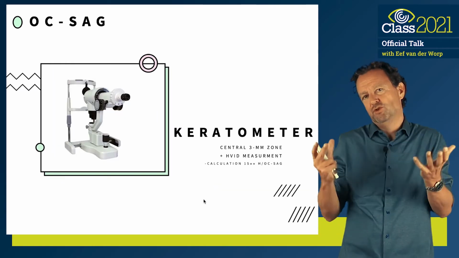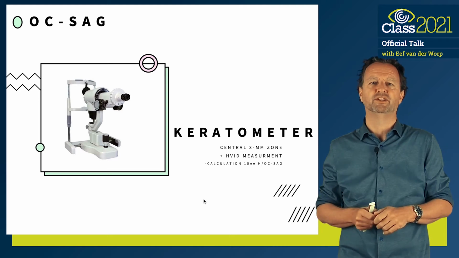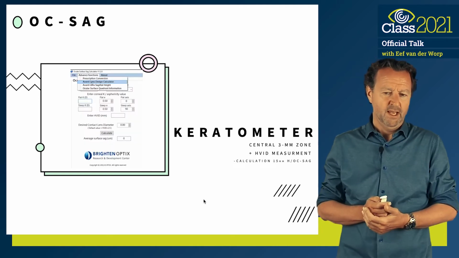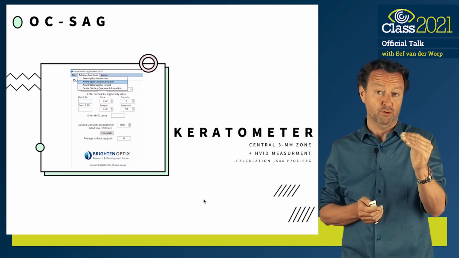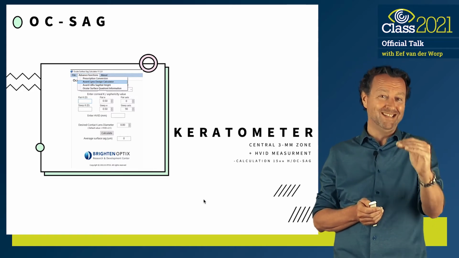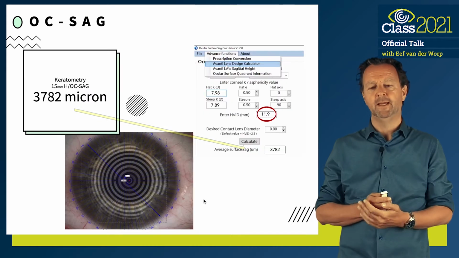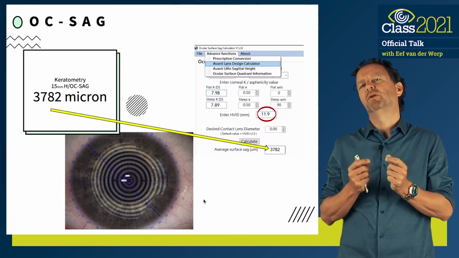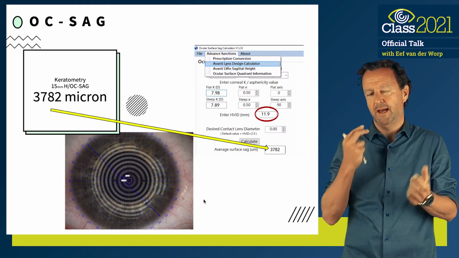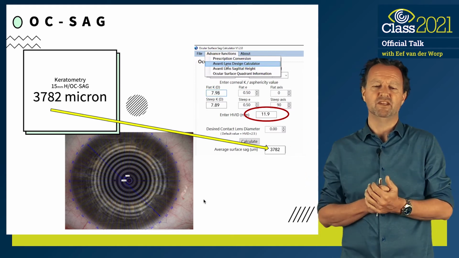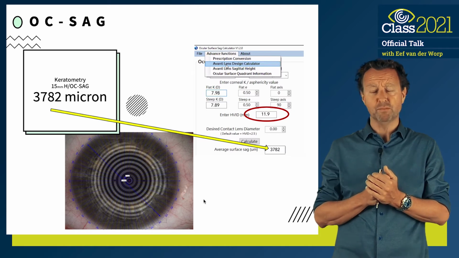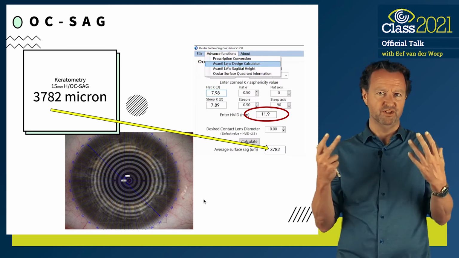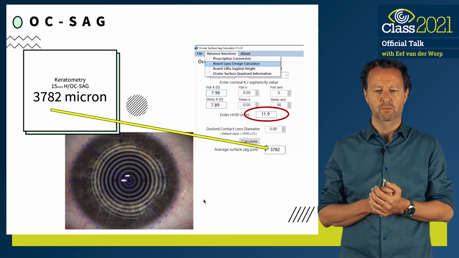He first used our current gold standard, the keratometer. For this particular patient, he measured the central curves and the HVID, both the horizontal and the oblique. With simple calculations, you can then say this is the overall sagittal height of the eye. There's some software from different companies, for instance, that can do that for you.